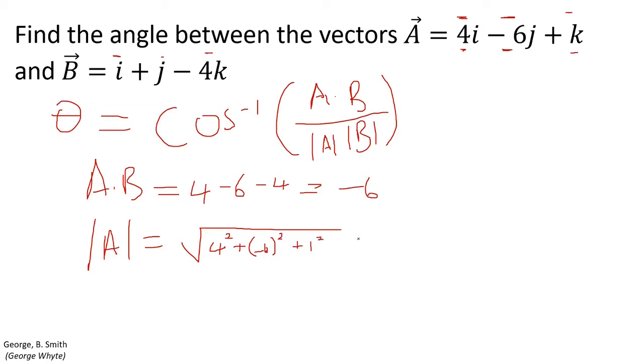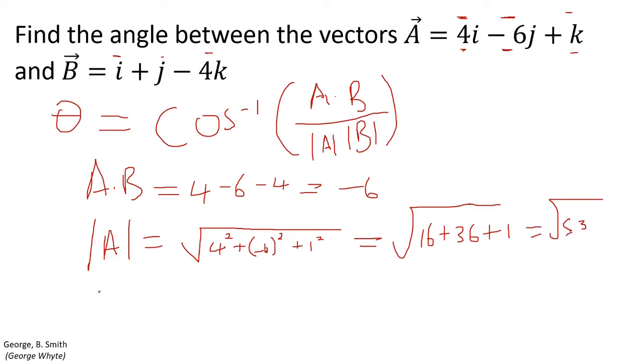This gives 16, then 36, and finally 1. So the magnitude of a is the square root of 53.